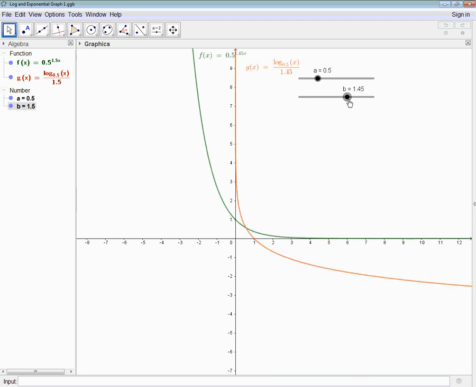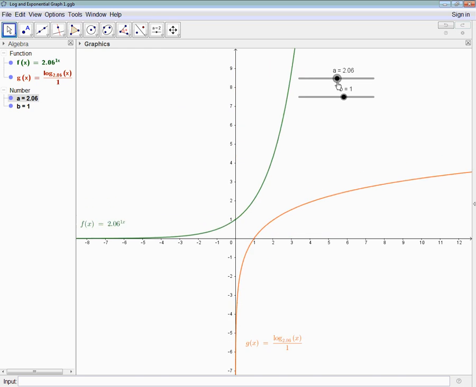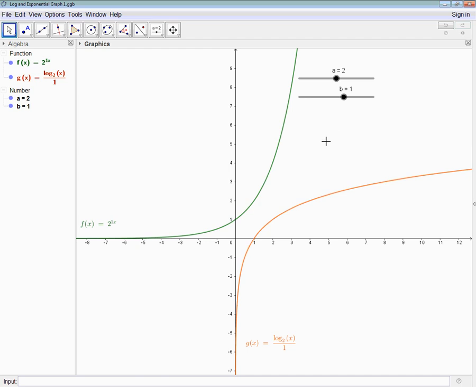Wait, hold on. Where's 1? There's 1. Okay, so there I have 2 to the x in green and log base 2 in orange.